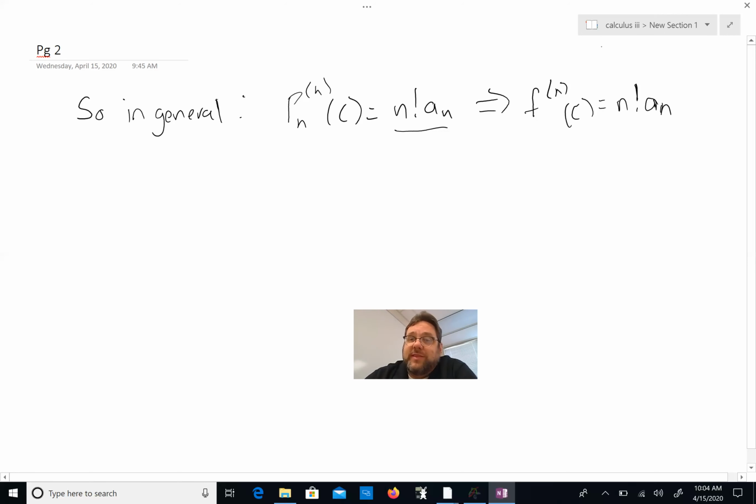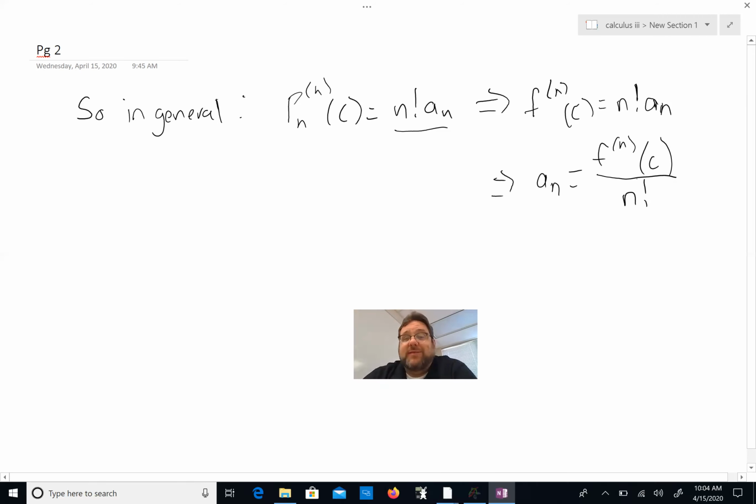And then just a little bit of algebra brings us this. A sub n then has to be the nth derivative evaluated at C over n factorial.